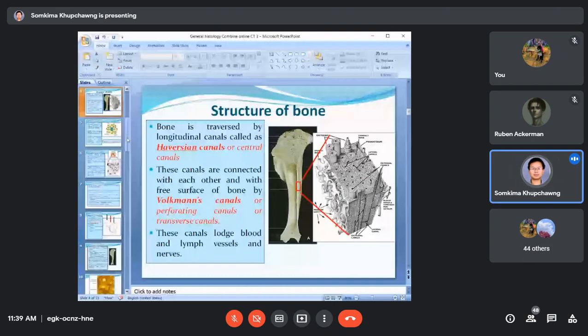Inside these lacunae the bone cell is present. Within this concentric lamellae there are many empty spaces or lacunae. This type of arrangement is known as the Haversian system or the osteon.